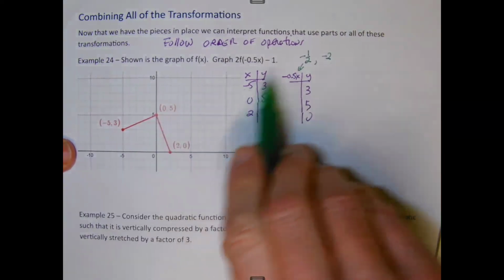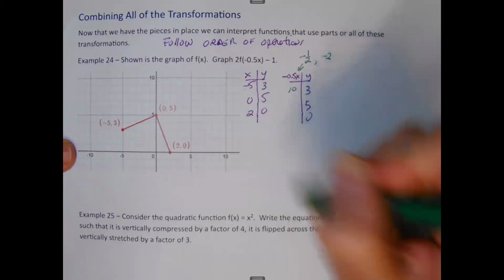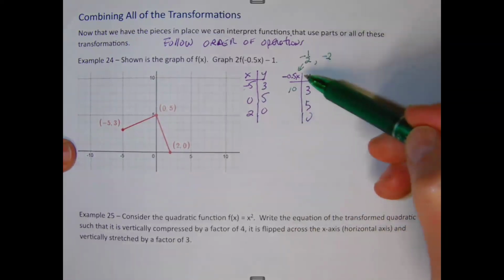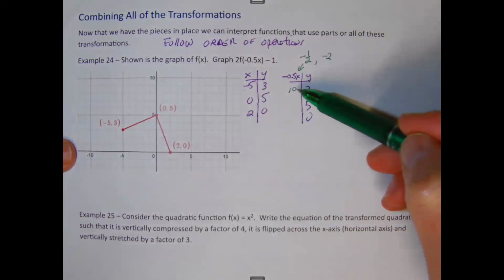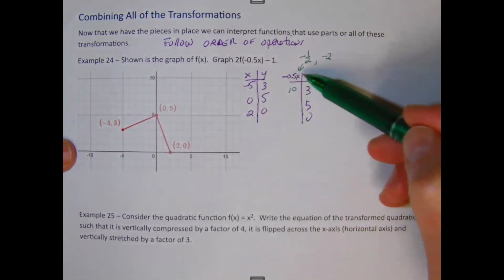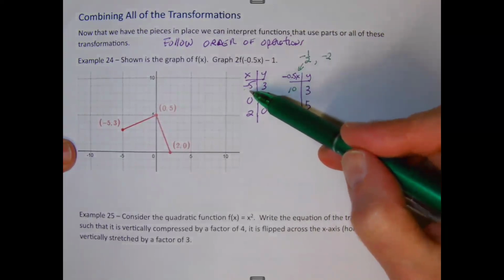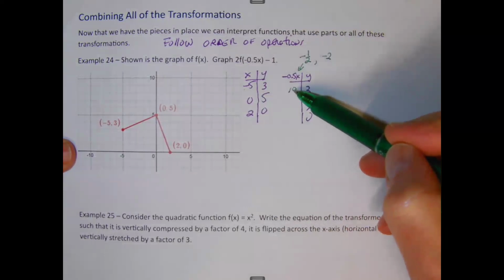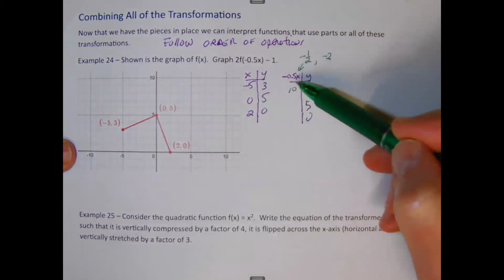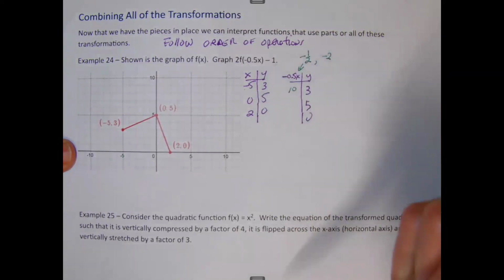For example, negative 2 times negative 5 gives me a positive 10. Now, how does that fit into what I just said? What value do I need? When I multiply 10 by negative a half, I get negative 5.